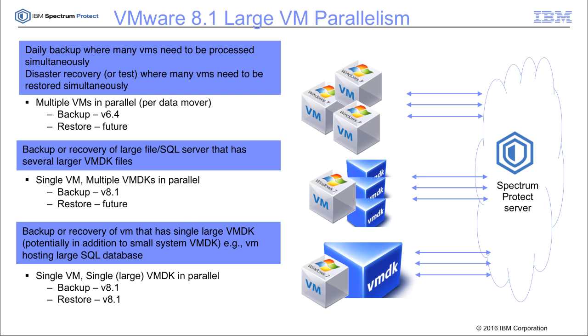Now there are several use cases for this, or ways in which this can be used and sizes of virtual machines. And as usual, given our new agile delivery structure, we're phasing this in as we go forward. So what you're going to see is way back in version 6.4, that was quite a while ago, we supported backing up multiple VMs in parallel.